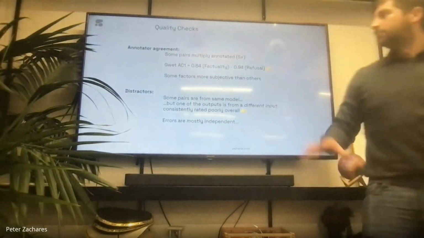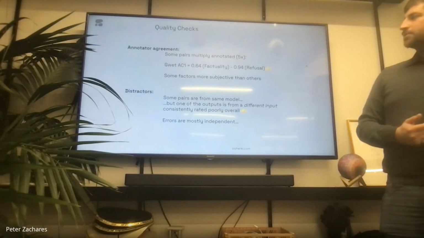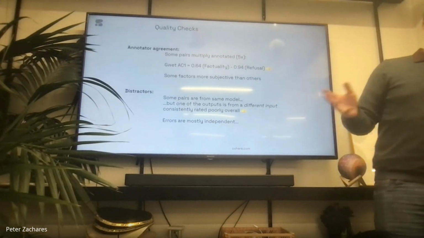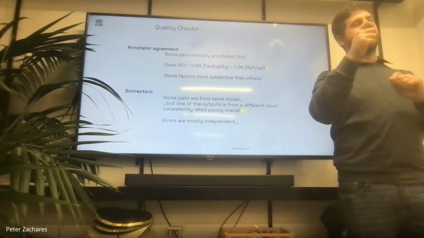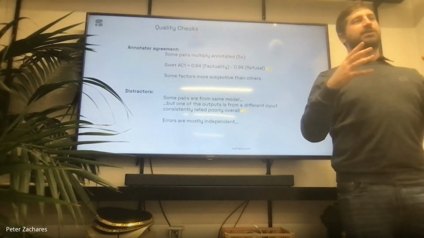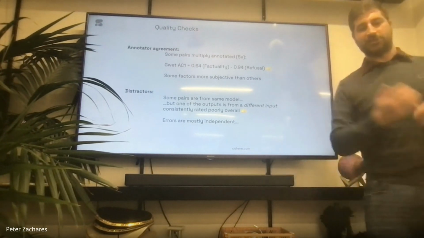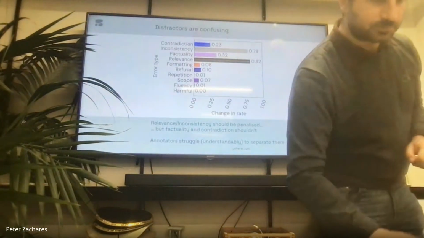Okay, we ran various quality checks. We looked at annotator agreement, which was relatively good. We also ran some experiments with distractors, where we threw in completions for prompts which were not the right prompt. This is a bit of a test to check if annotators are paying attention to the task, and it turns out they were paying attention and the errors were mostly independent.